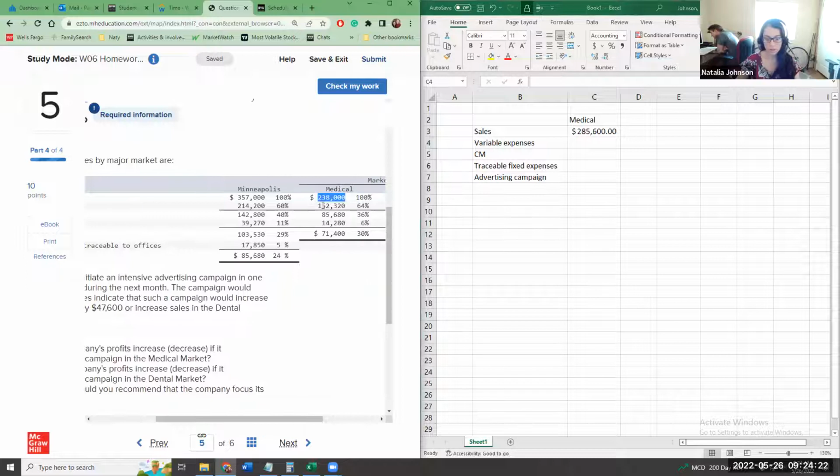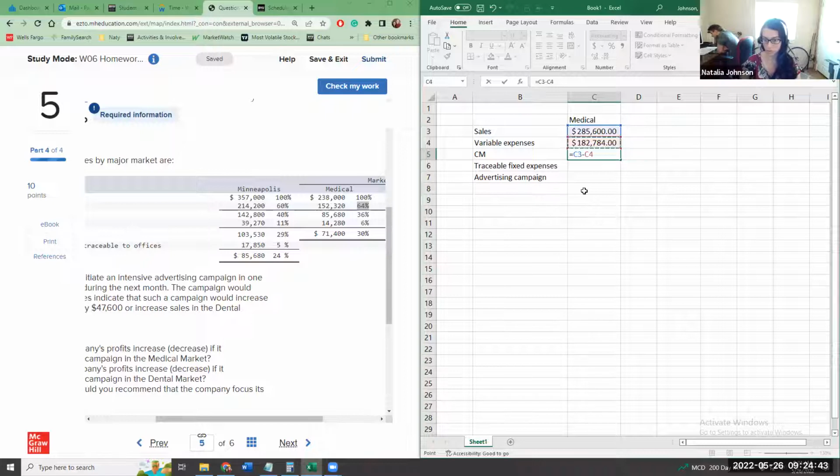Okay, variable expenses is going to change too because it's a variable expense. They're not fixed expenses, so they always change depending on how many sales there are. It says that the variable ratio is 64%, so we can simply do the 64% of sales like that, and then we find contribution margin.